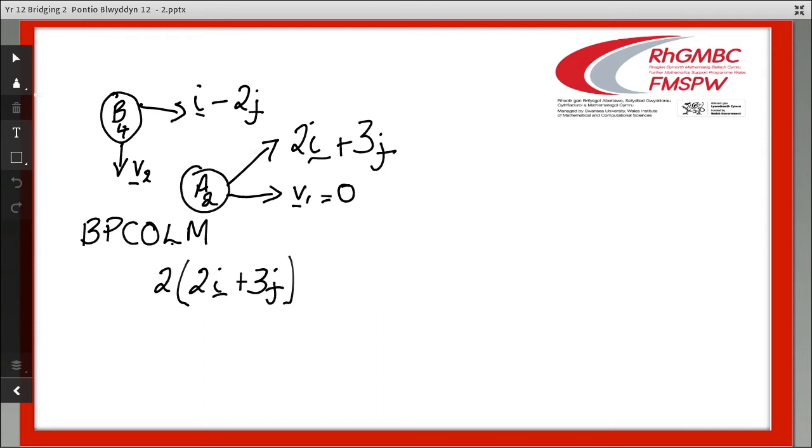And to that, we are going to add the second momentum, which is plus 4 lots of i minus 2j. And that equals the momentum after, which will be twice v1 plus 4v2.